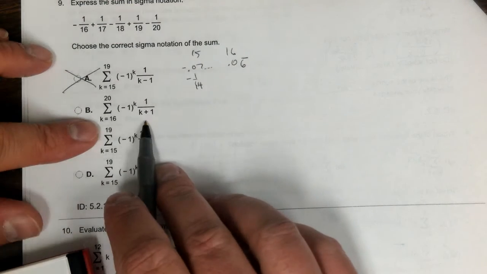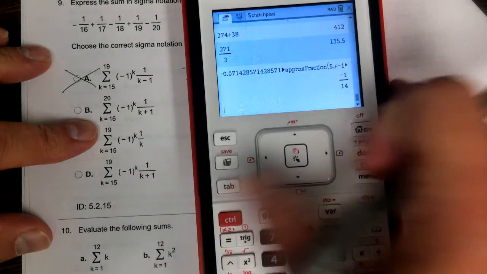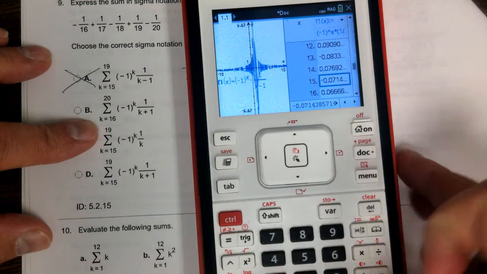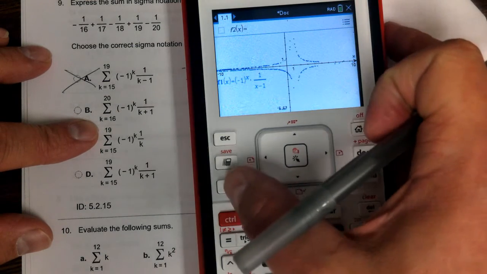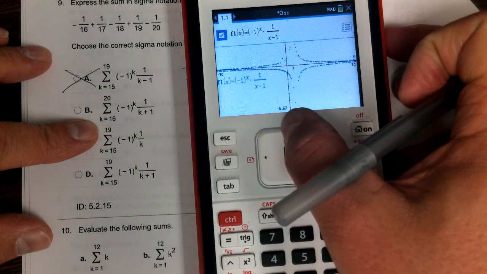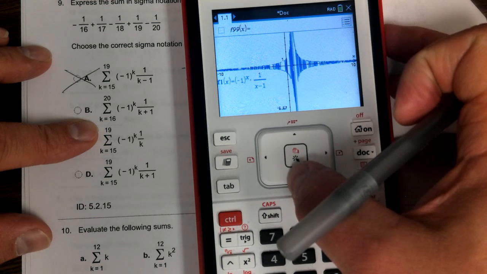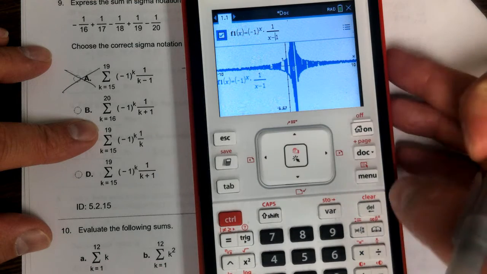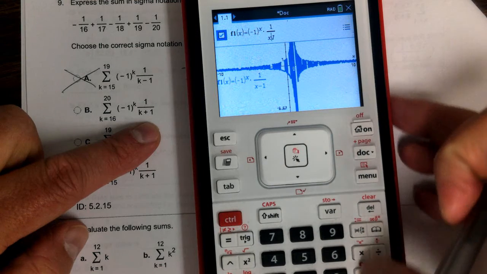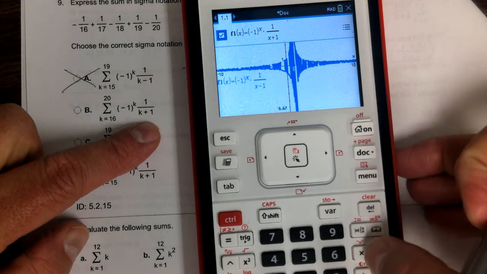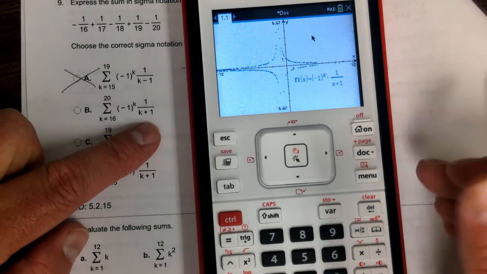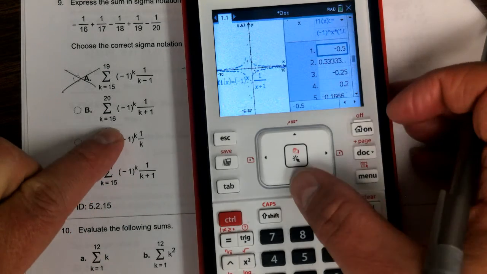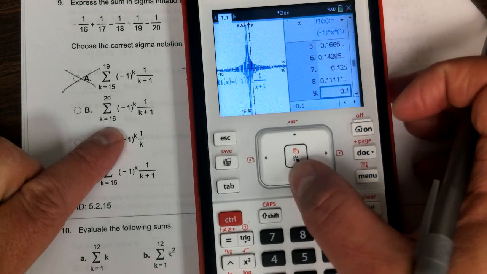Okay, so let's change it to this. So if we go back to our current, Control T to get rid of our table, and we basically just change this to a plus, and look at our table, and this time we want to start at 16.